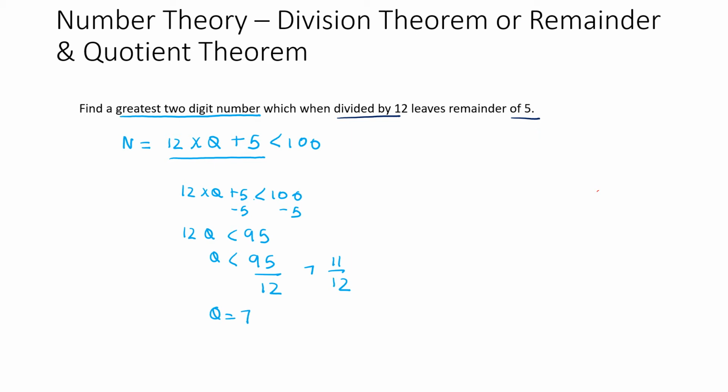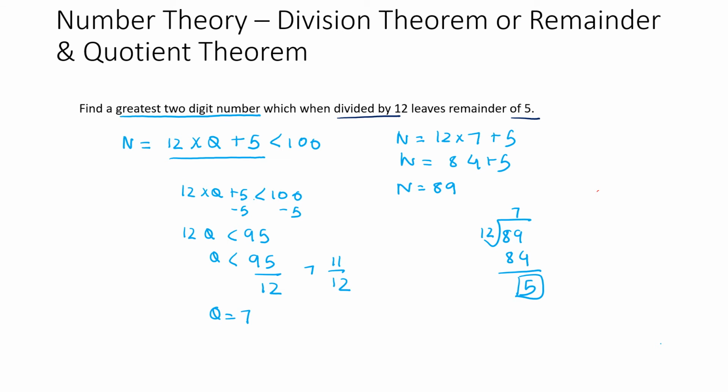So now that I plug in 7 as q, the greatest two-digit number, which when divided by 12 leaves a remainder of 5, would be 12 times 7 plus 5, which is 84 plus 5, which is 89. And we can always check this by doing normal division. So 89 divided by 12 goes 7 and 84, and we have a remainder of 5.